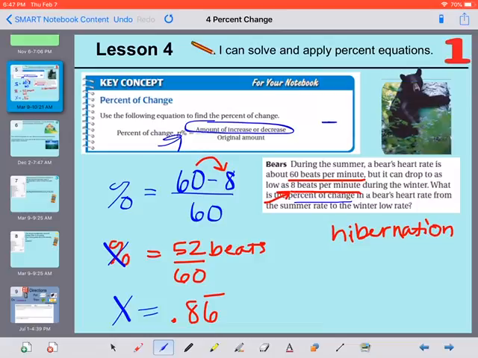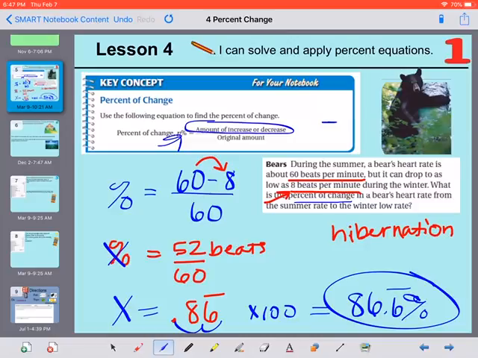But remember, this is our percent as a decimal, so we need to multiply by 100 to get to our percent. If we multiply by 100, it moves our decimal 2 spots. So we have 86.6%. If you want to round it up to 86.7%, that's fine. So a bear's heartbeat changes 86% of what it normally was at. It decreases 86%.